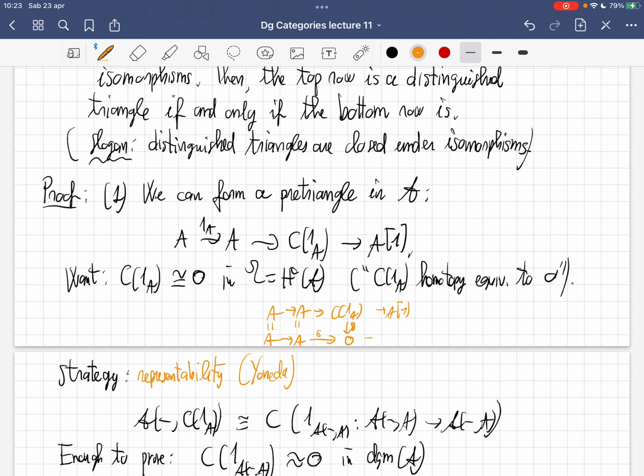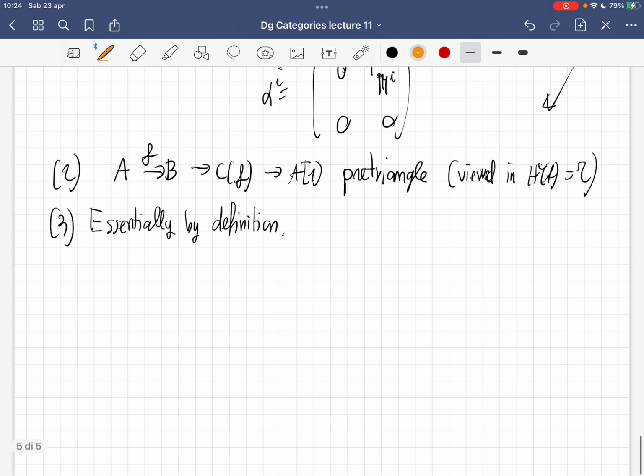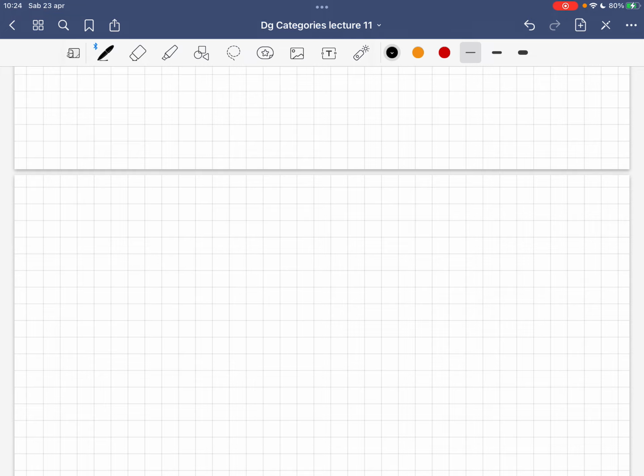This map is the 0 map, and this map is the 0 map, and this is going to be a commutative diagram. In T, this is also going to be the 0 map, because this is isomorphic to 0. Maybe I'm being too pedantic here. In any case, it's done. It's okay.